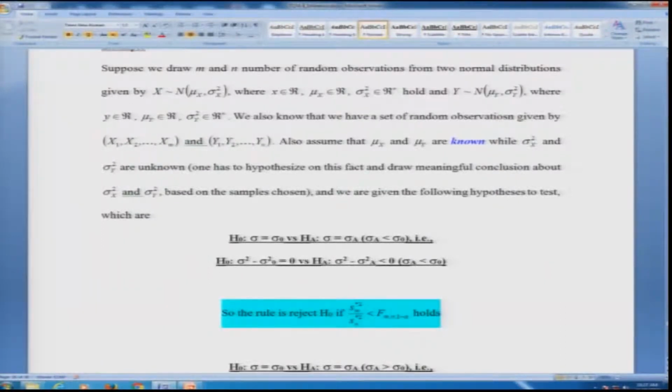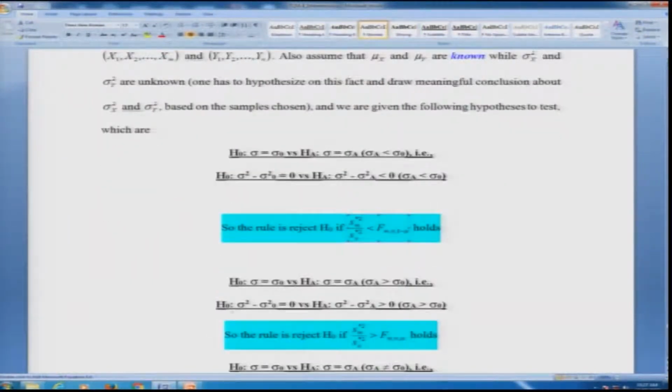So, in that case, you will reject H naught if the ratio of S dashes for the first sample and the second sample is less than F m comma n minus 1 comma alpha, because it is the less than type. For the case when you are taking the greater than type, the difference is 0 under the null hypothesis, or the ratio is 1.